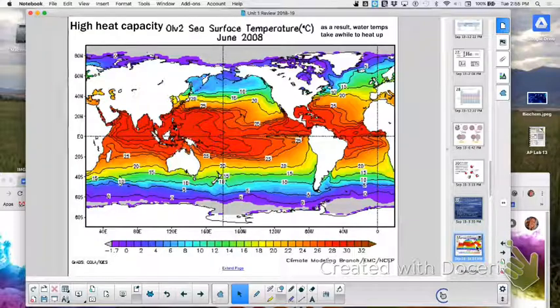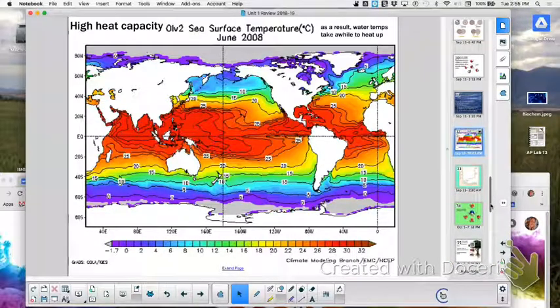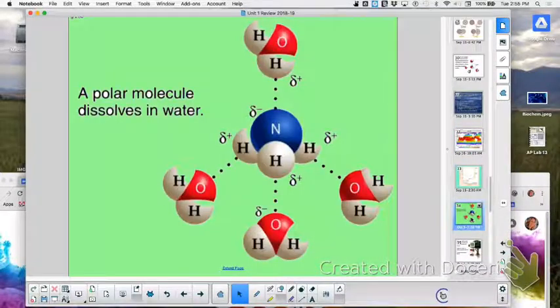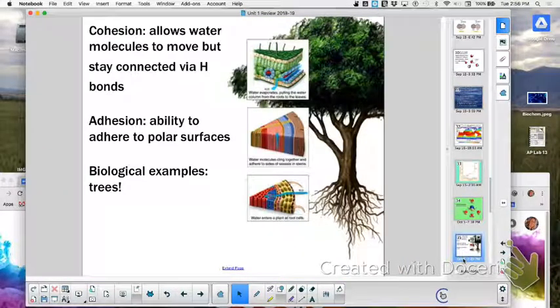Those are all true. Okay, we talked about this. We talked about that it's a good solvent for things that are hydrophilic. We talked about the properties of adhesion and cohesion. Cohesion is one water molecule with another water molecule being held together, right? And then adhesion is when those water molecules are what?